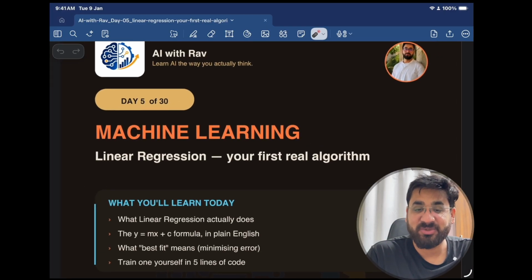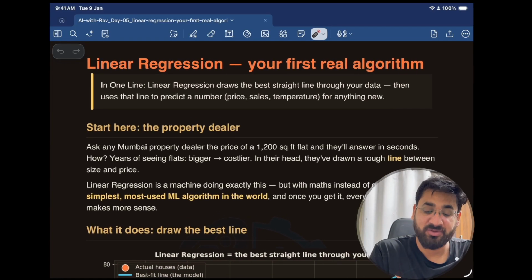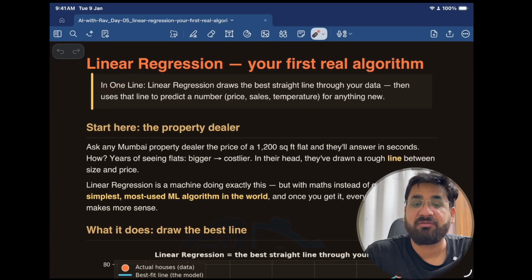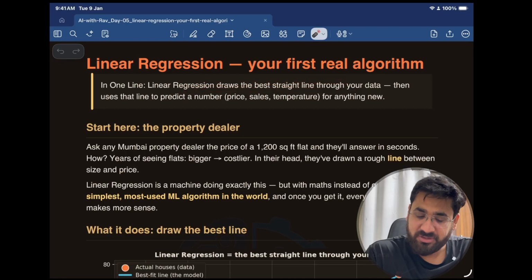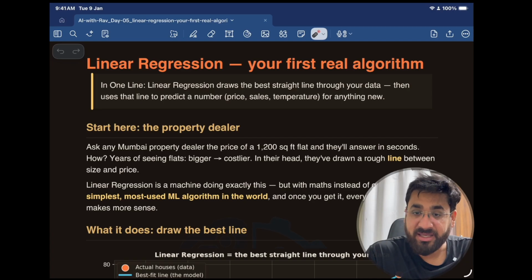So let's begin. First, as we know, in one simple line, what is linear regression? Linear regression draws the best straight line through your data. What you need to remember: best straight line through your data, and then use that line to predict the number.